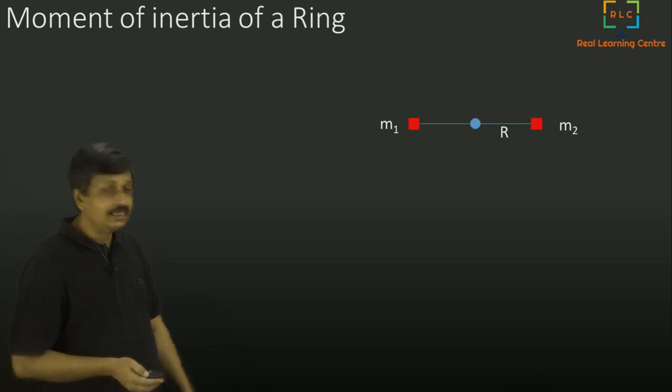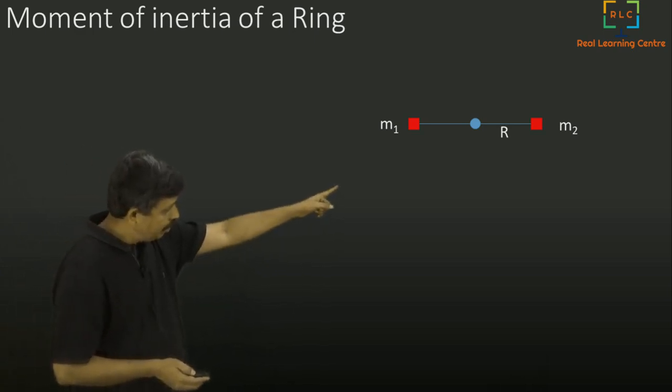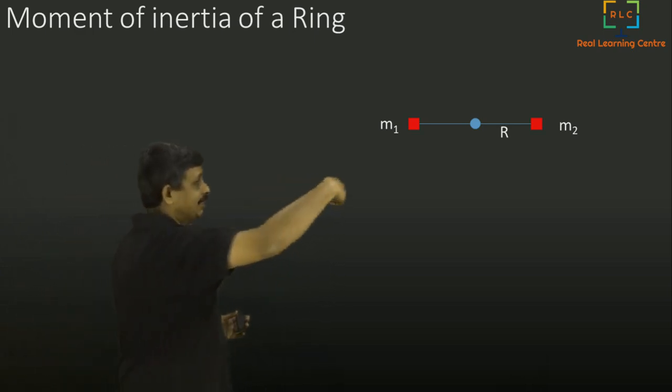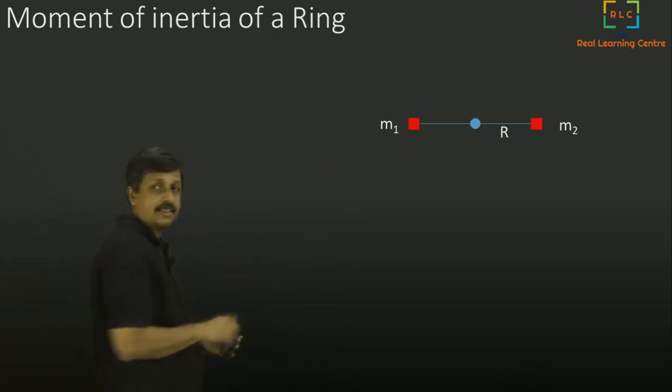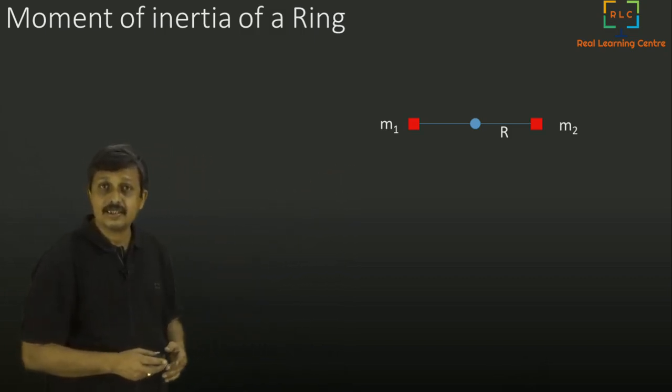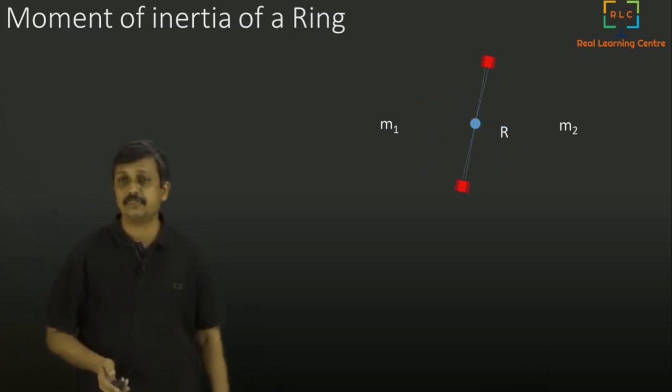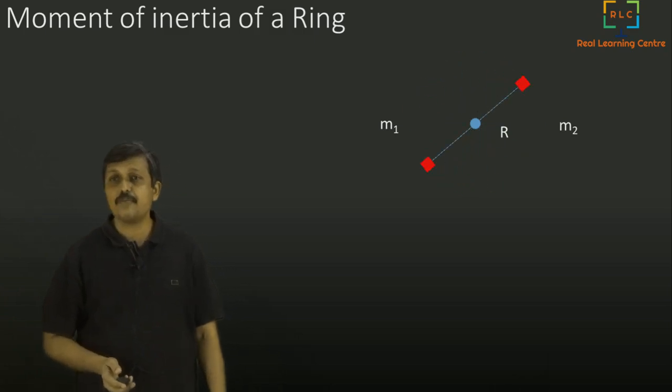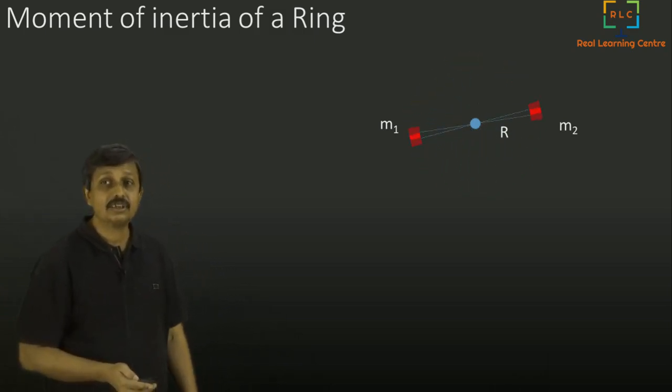What is that center? I'm going to put an axis like this, and that is the axis of rotation. So I will rotate it like this. When you rotate M1 and M2 like that, the question we are going to ask is, what is the moment of inertia?